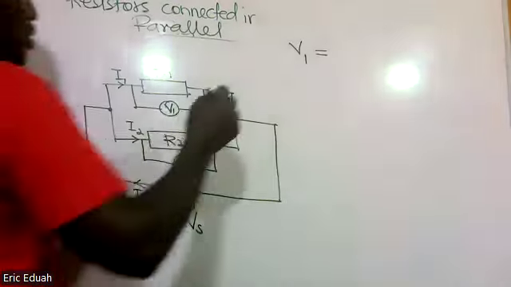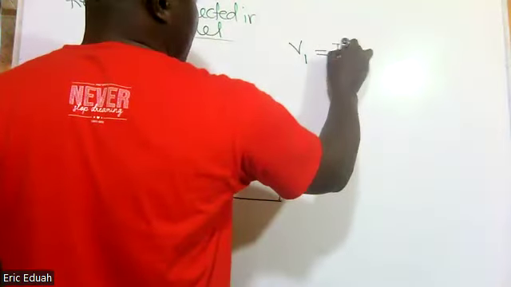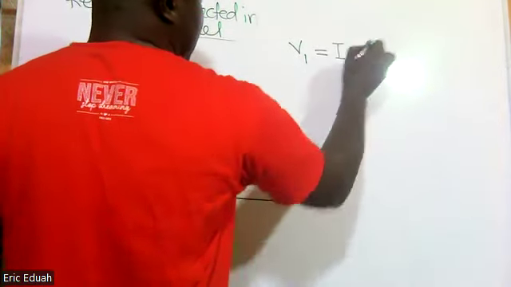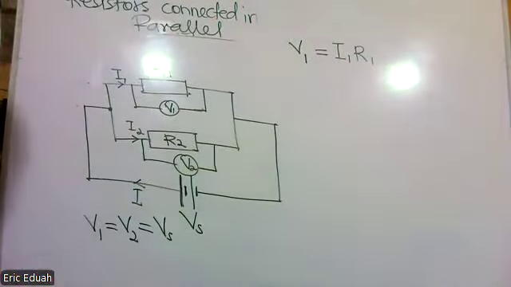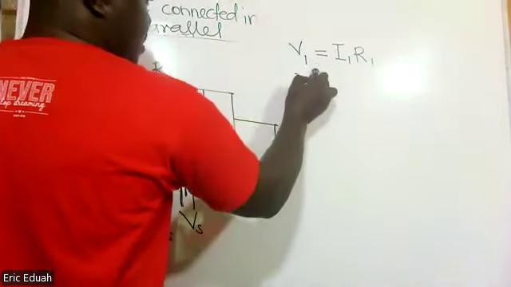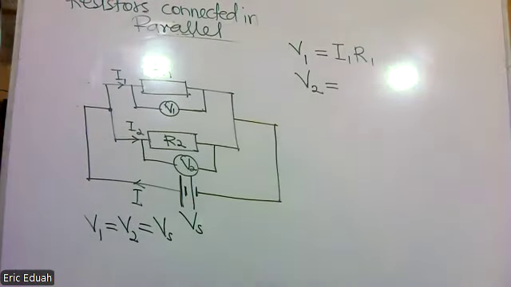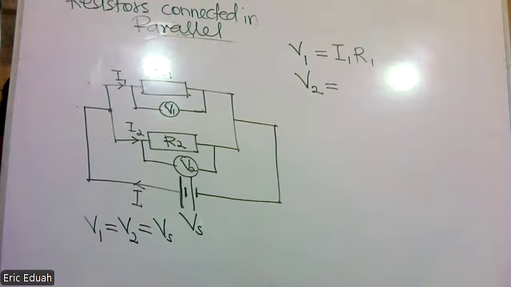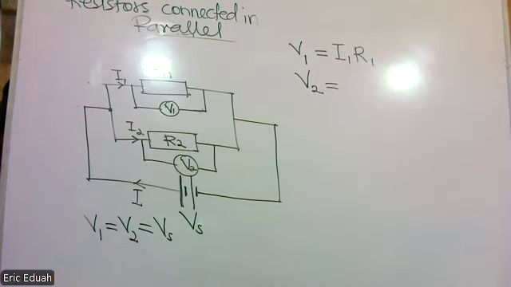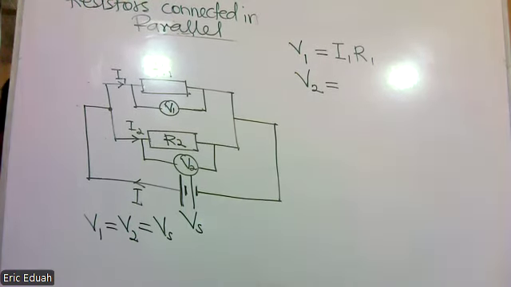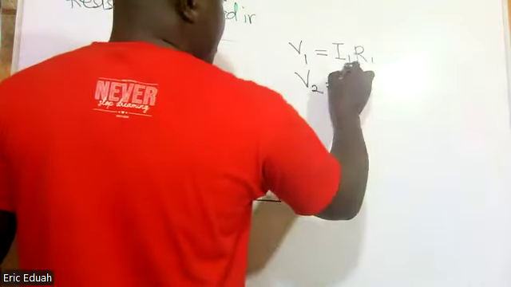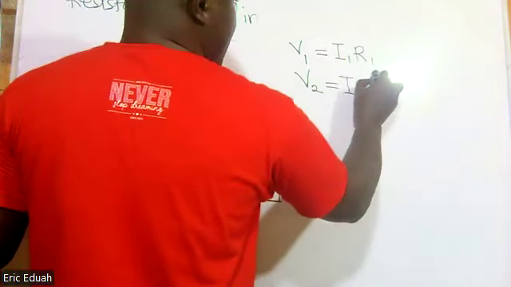So V1 will be equal to I1 times R1. What about V2? I2 R2. So V2 equals I2 R2.